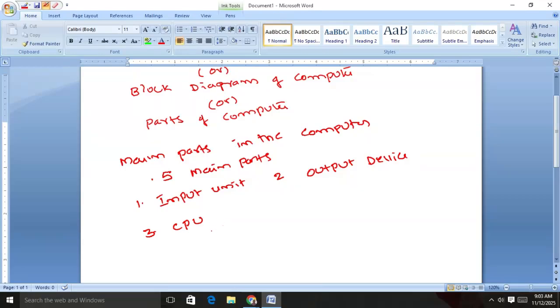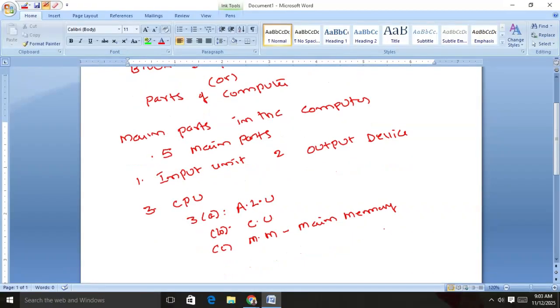Actually, this CPU again consists of three parts. 3A, ALU, that is, the full form is arithmetic logic unit. B, control unit, simply referred to as CU. C, MM, this is known as the main memory.